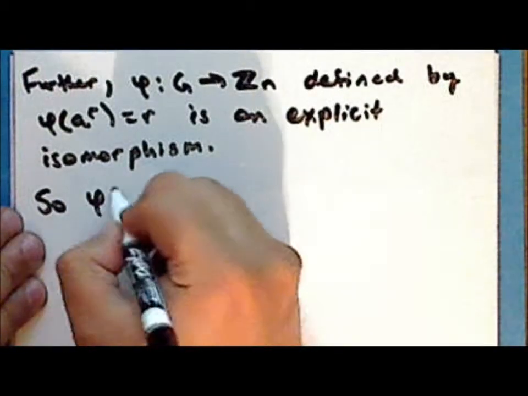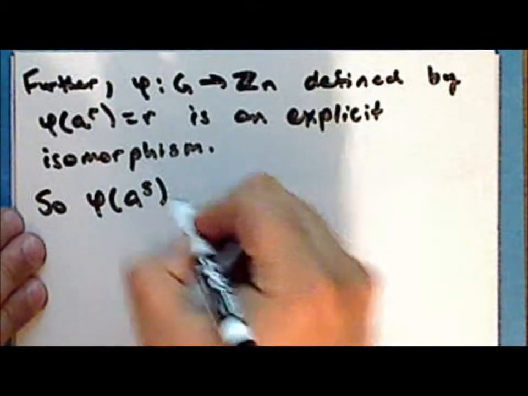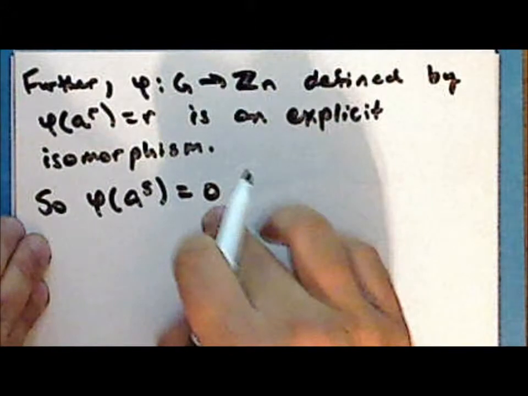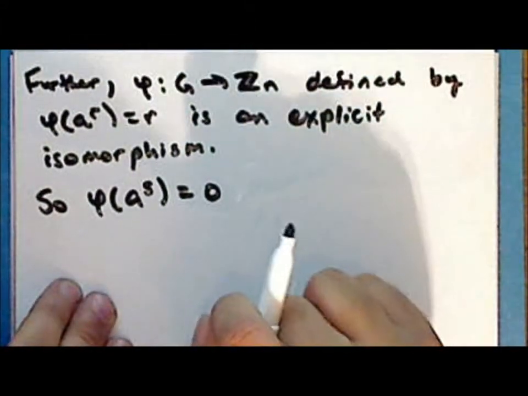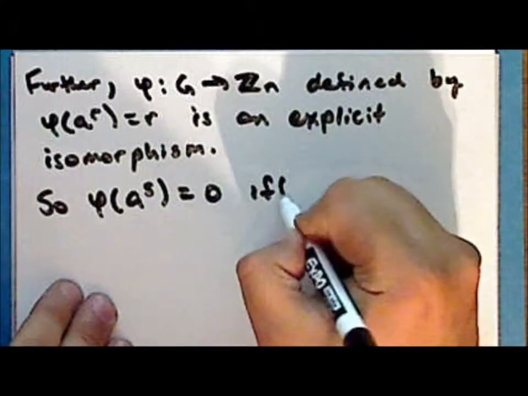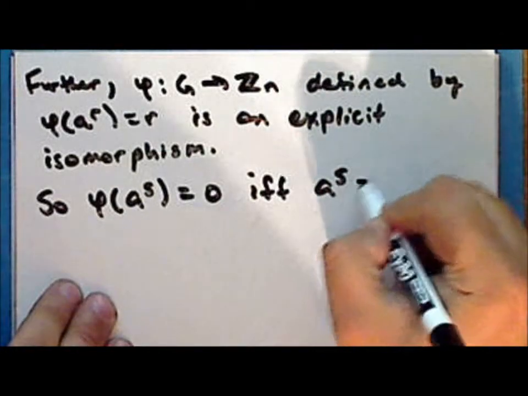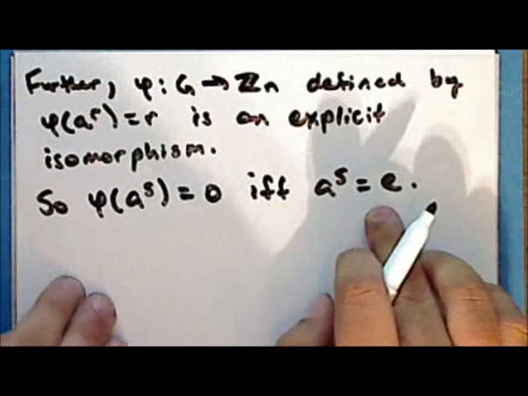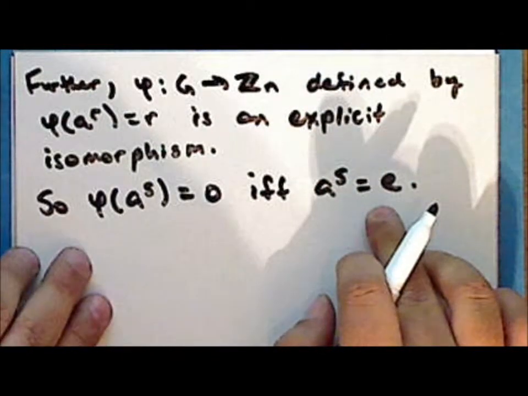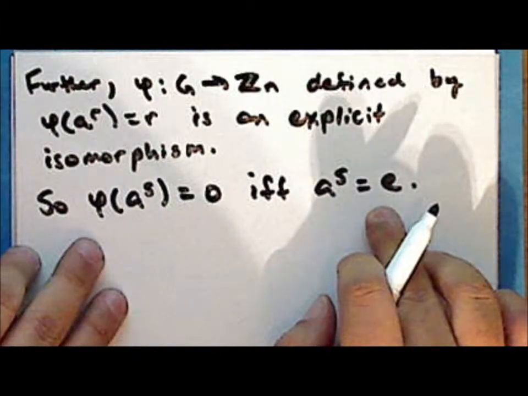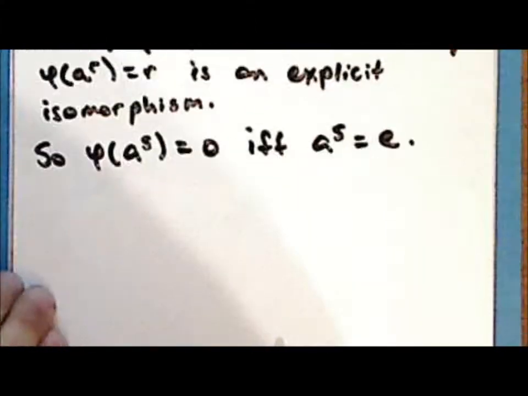And so phi of a to the power of s is equal to 0, that is the identity in the integers modulo n, if and only if a to the power of s is the identity in the group G, since an isomorphism maps the identity in one group onto the identity of the other.